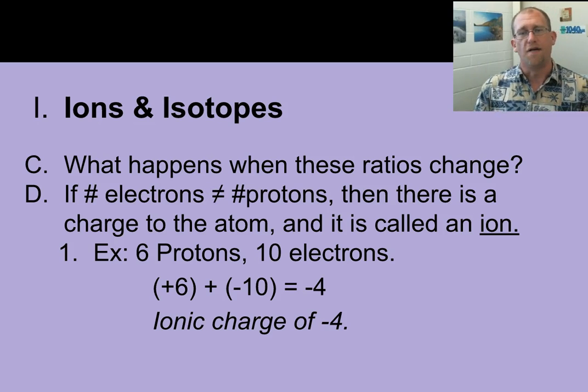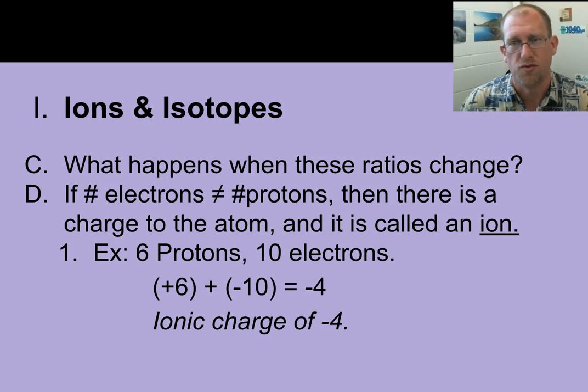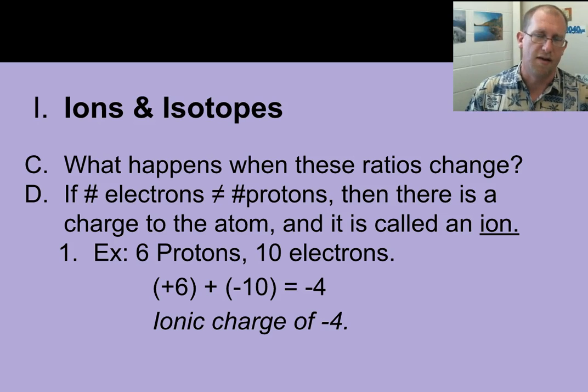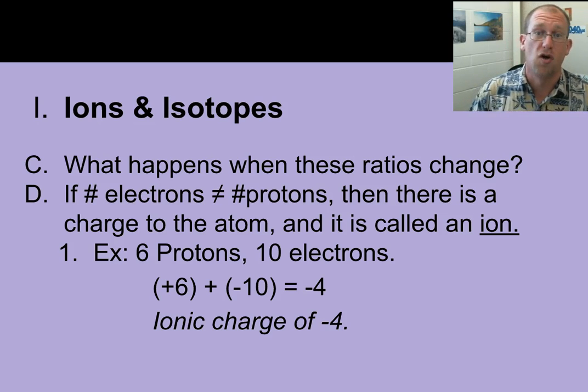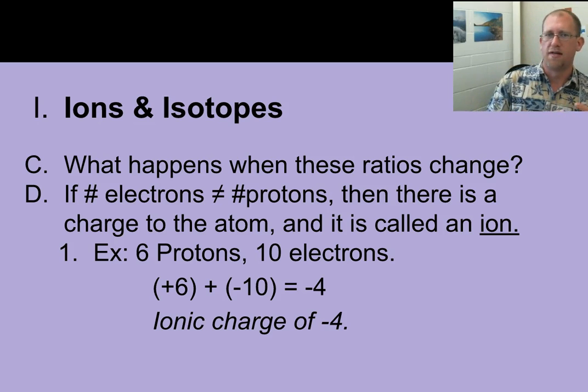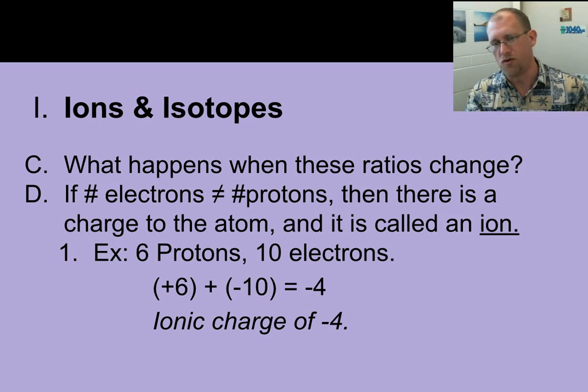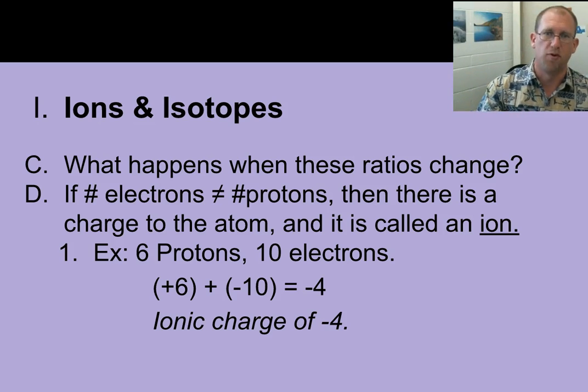But if these ratios change, then we start to change what we call these atoms, and they start to behave differently, right? If the number of electrons does not equal the number of protons, then there is a charge on the atom, and it's called an ion. An ion is an atom where the number of protons is not balanced by the number of electrons. One example would be 6 protons and 10 electrons.